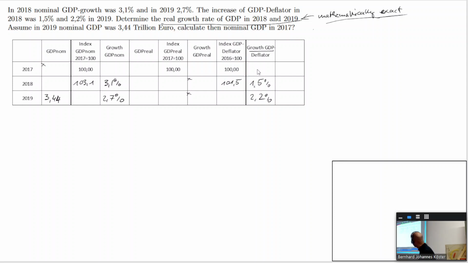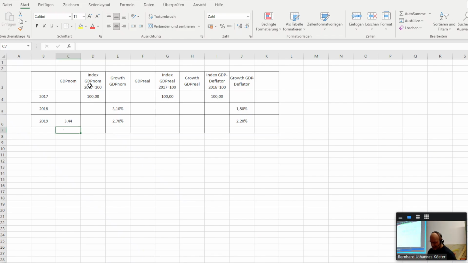The next two I cannot do in my head, because then I have a growth of 103.1 by 2.7%. So I go to my Excel data, and the formula is the starting value times 1 plus the growth rate, 103.1, and then I put the formula downwards and I obtain 105.88.